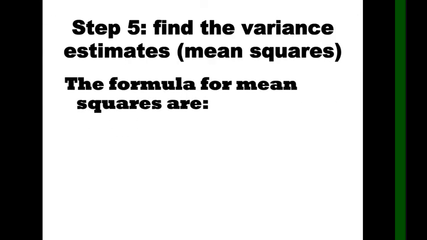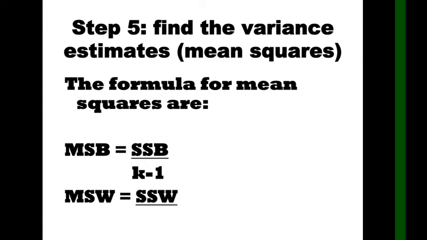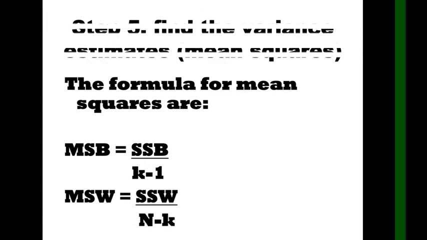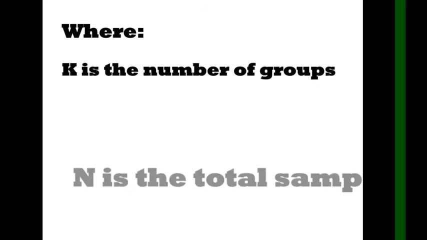Step 5. Find the variance estimates, the mean squares. The formulas for the mean squares are MSB is equal to SSB over K minus 1, and MSW is equal to SSW over N minus K, where K is the number of groups and N is the total sample size.